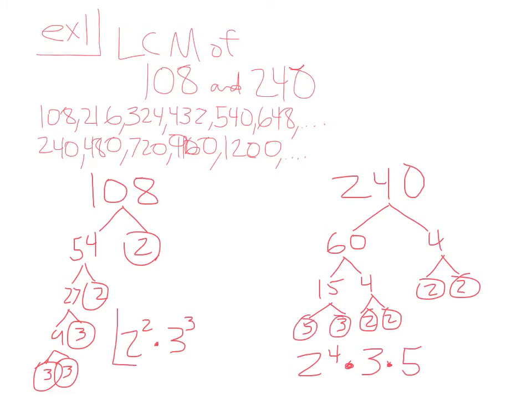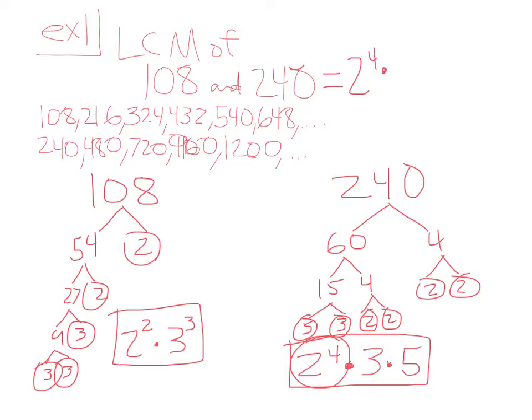So what we now do is we take each of their prime factorizations and we figure out the greatest power of both of these. So let's look at the 2's first. What's the greatest number of 2's? Well, 2 to the fourth is greater than 2 to the second. So we're using 2 to the fourth as part of our answer.